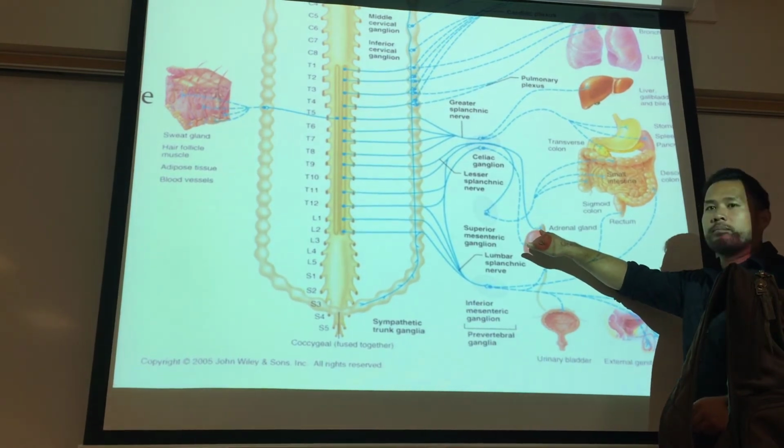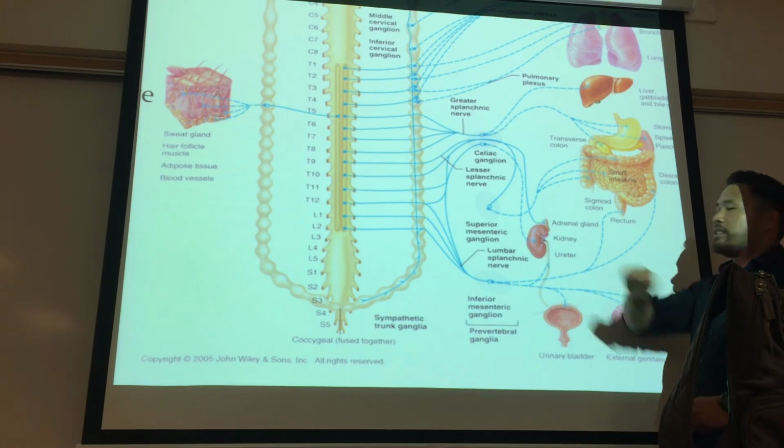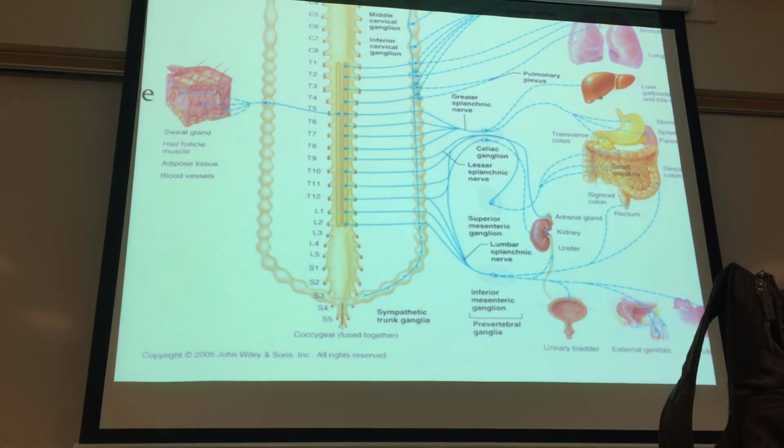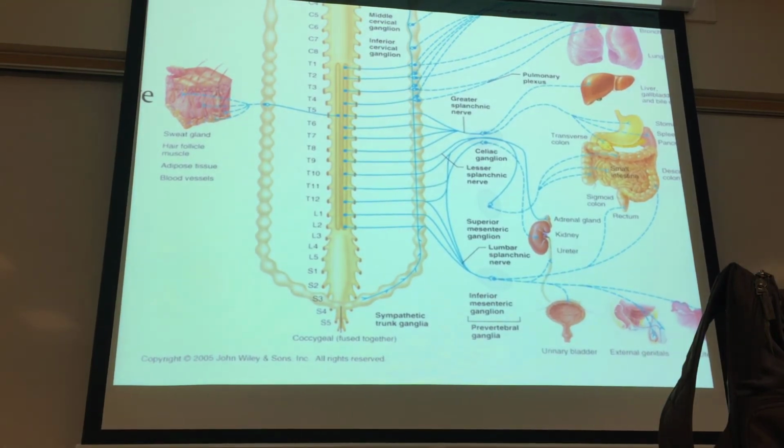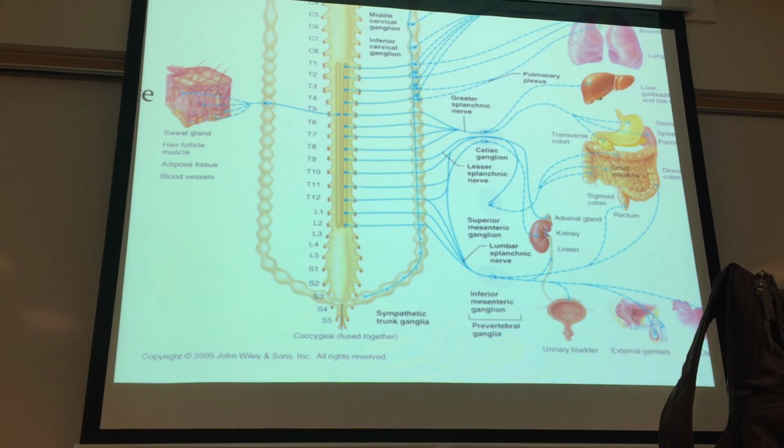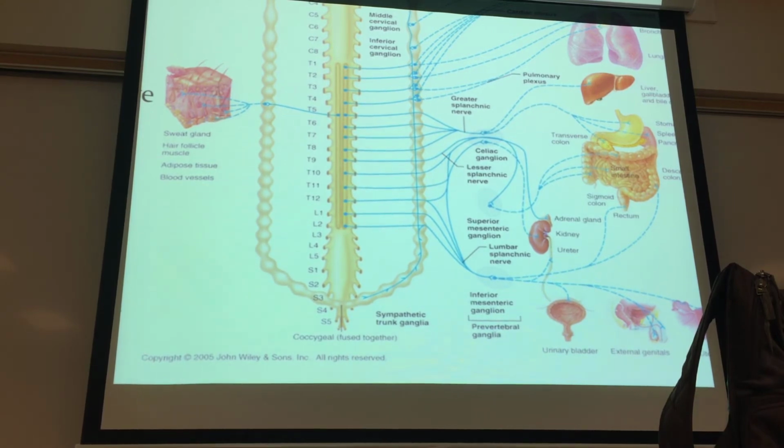The postganglion cells are inside the adrenals. They're modified postganglion neurons with endocrine functions. They're secreting neurotransmitters, but these are going into the circulatory system, which will make much more sense when we talk about the neurotransmitters later on.